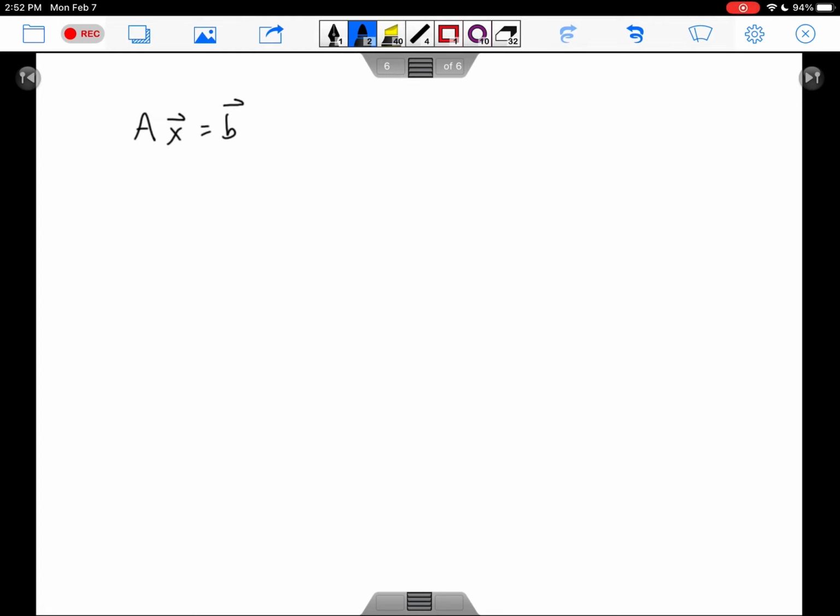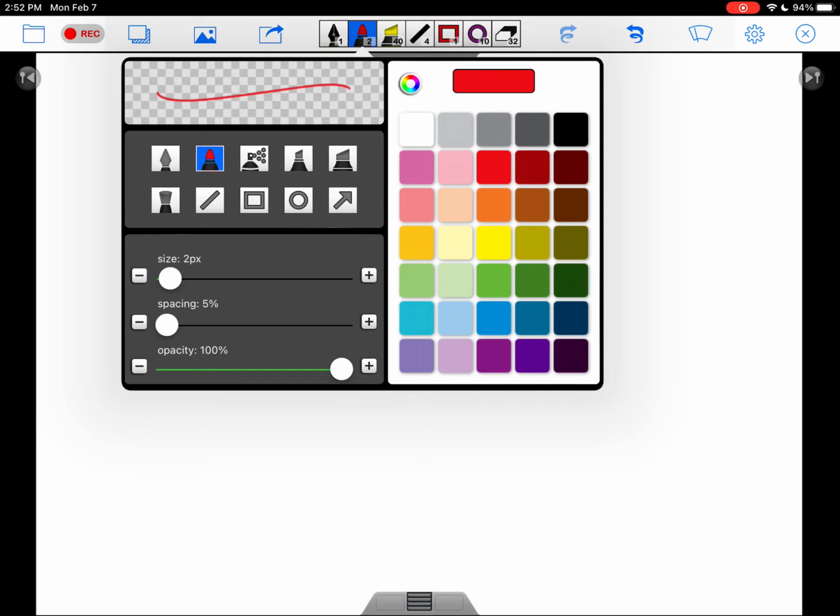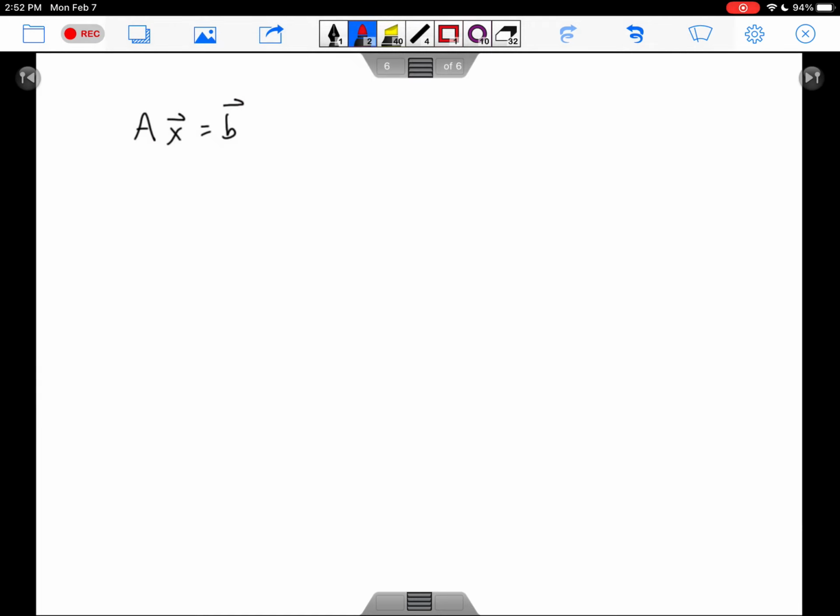So let's write down the vector form again, Ax equals b, and I want to remind you guys of where all these objects live. Since A is an m by n matrix, it lives in the following space, right? That is the set of m by n matrices whose entries are real numbers.